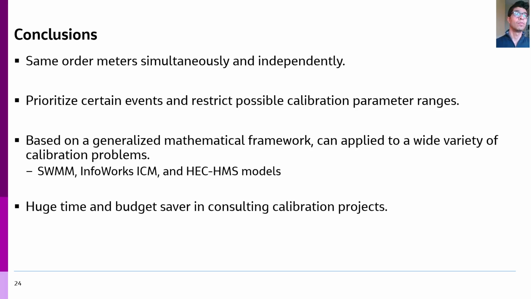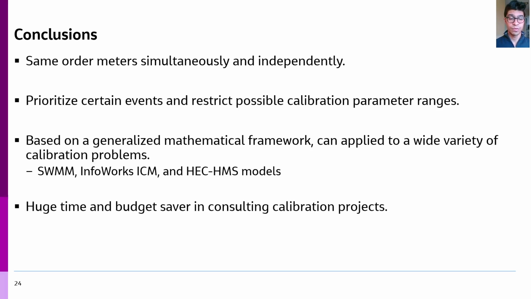And if you have multiple significant rainfalls, then you can prioritize the better events if you want when you're looking at your data compared to some other events that you have recorded. We're also working on this framework that John has developed, so that we can also use it for other kind of optimization in these systems using EPA SWIM, InfoWorks ICM, and HMS models.